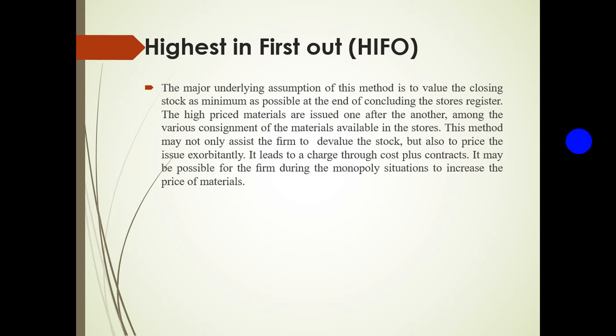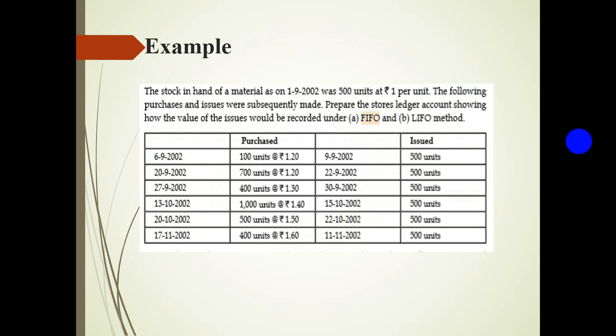This method may not only assist the firm to devalue the stock, but also to price the issue at an arbitrary extra, which leads to charges through a cost plus contract. It may be possible for a firm in a monopoly situation to increase the price of materials. So when the price of materials is increasing, we can use this method in a monopoly market, in monopoly situations in the country.